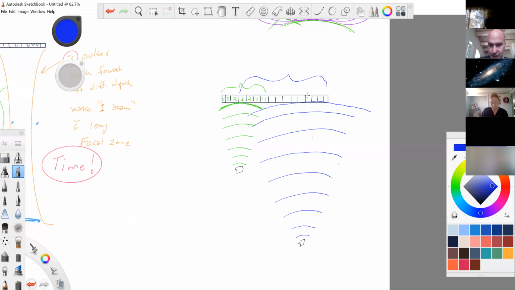Once again, it looks like this one would be first, second, third, fourth, fifth, sixth, seventh, eighth, ninth. So starting kind of in the middle, it's going to start here. This is going to be the first part to hear it, and then the rest of them are going to hear it microseconds later.